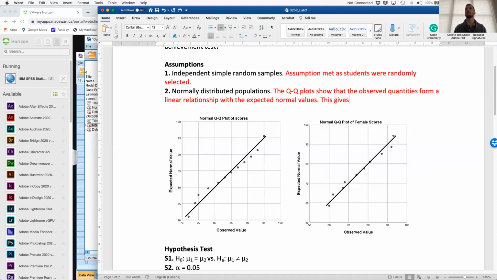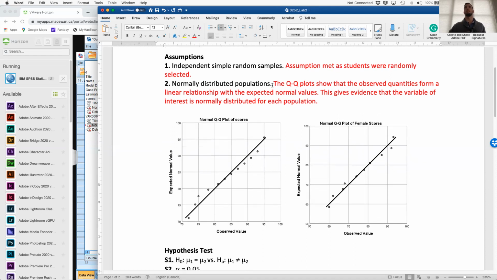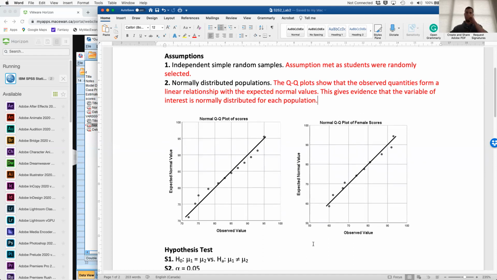This gives evidence that the variable of interest is normally distributed in each population. All right.